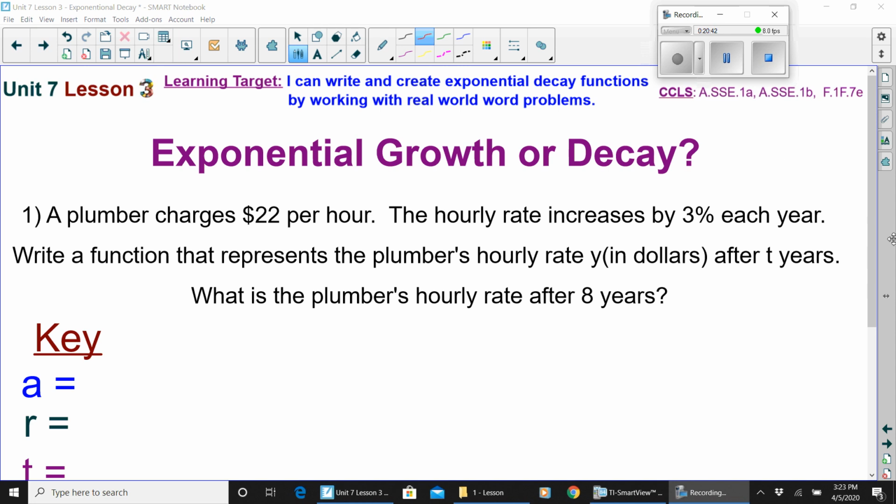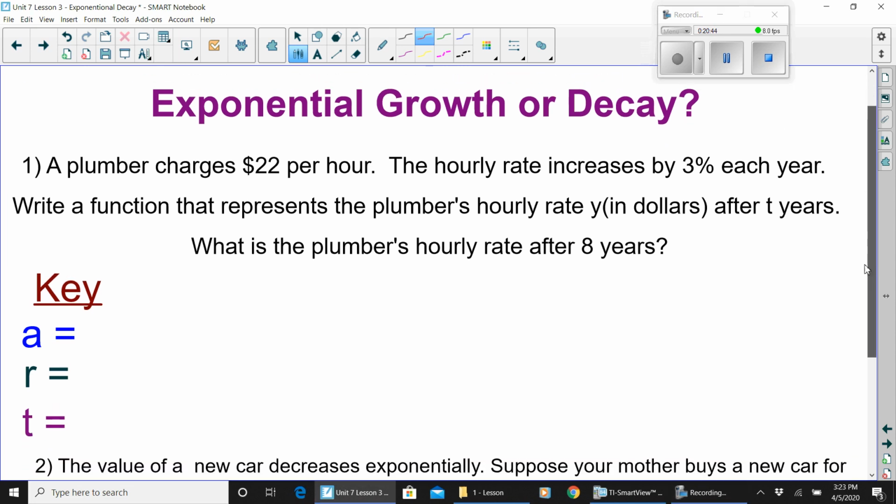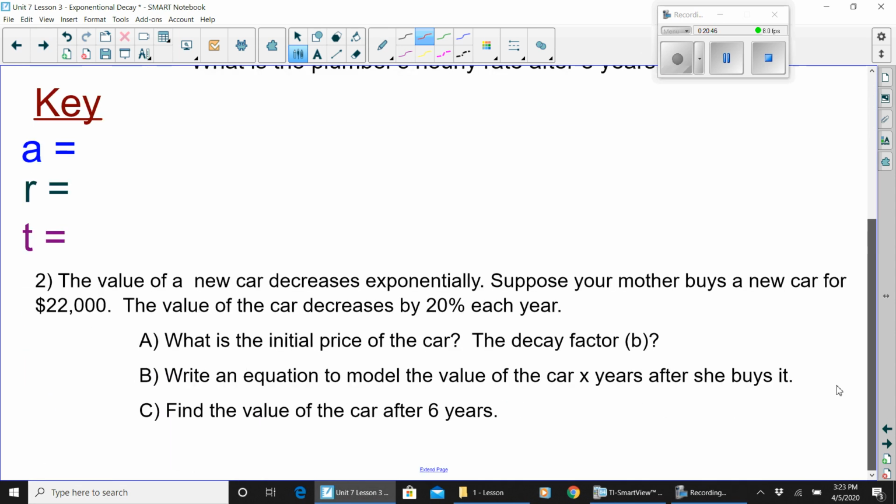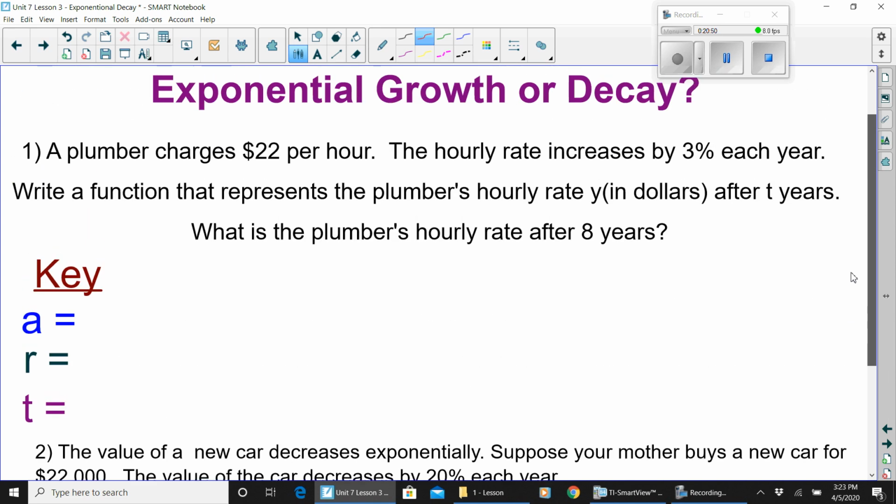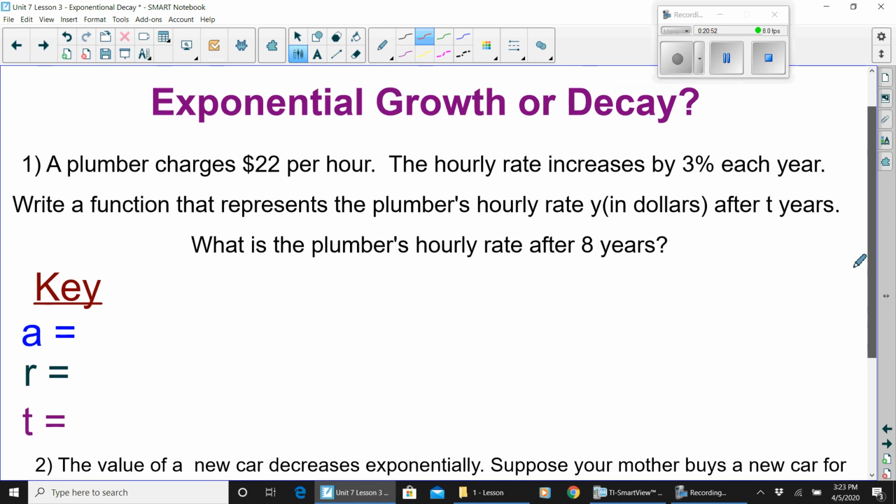The key is there for you already. There's also number 2, but do number 1 for now, and then we'll pause again and do number 2. You could press pause and do number 1 right now.